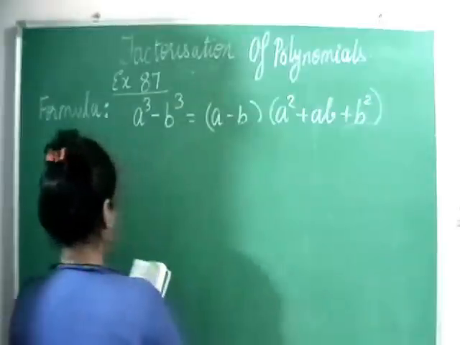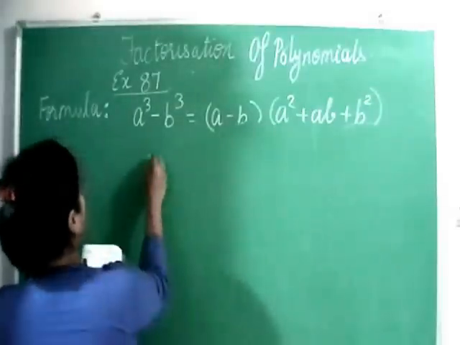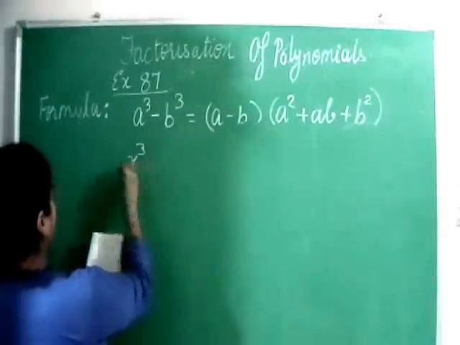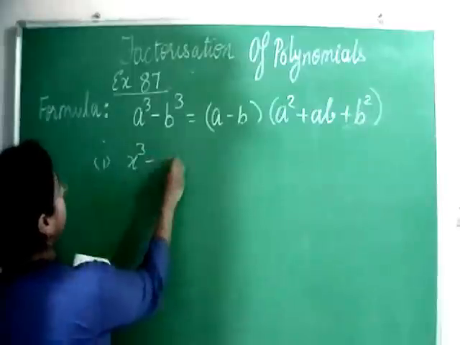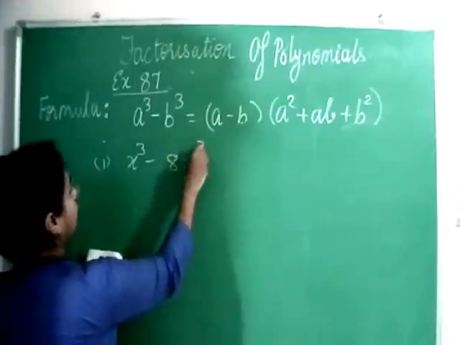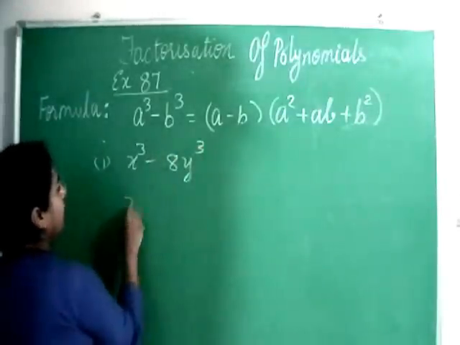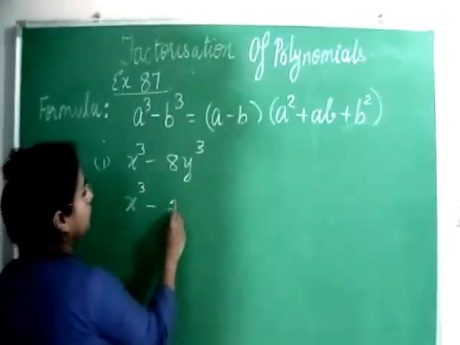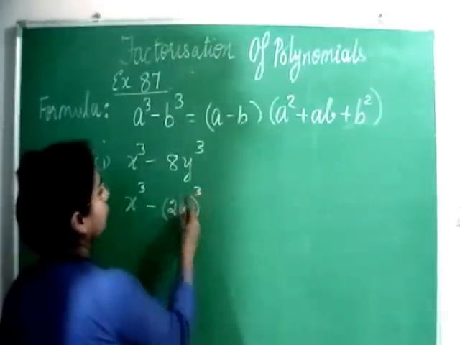First question says x cube minus 8y cube. Write it in this form: x cube minus 2y the whole cube.